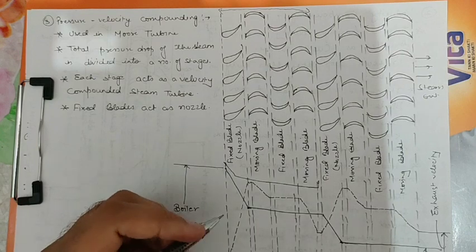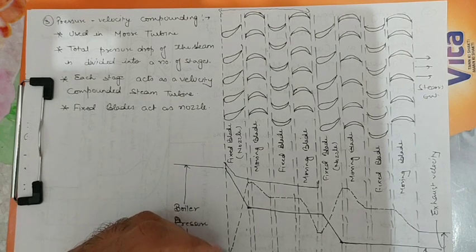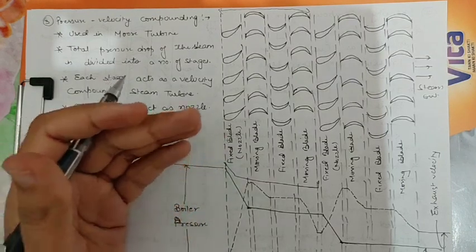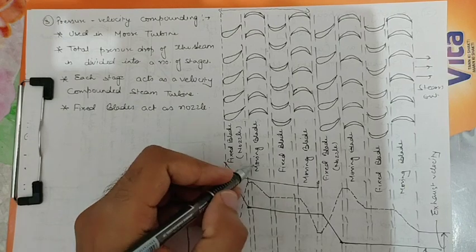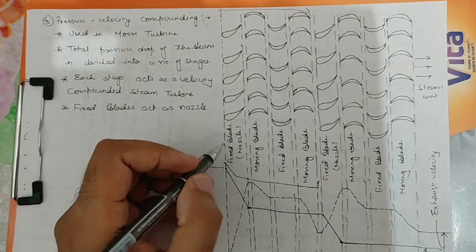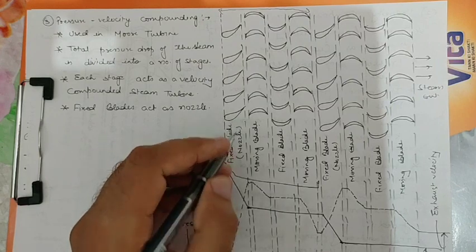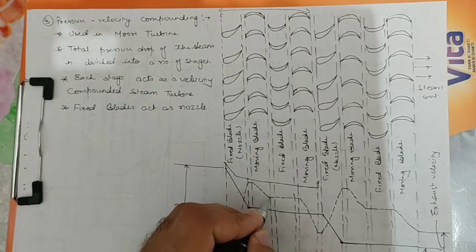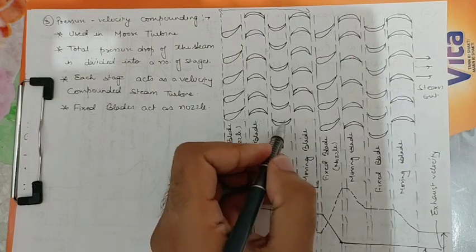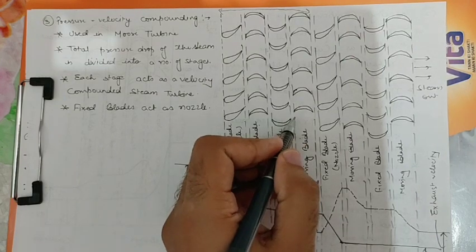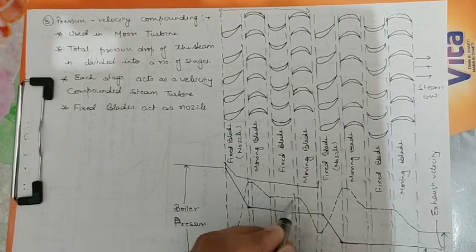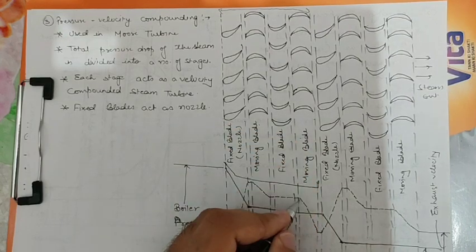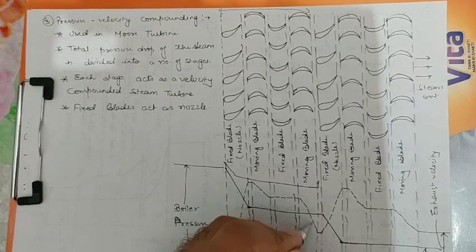And about velocity, if this is the initial velocity at which the steam is entering from the boiler, what is the function of the nozzle? Pressure reduces, velocity increases. In the moving blade, the velocity of the steam coming out from the nozzle is absorbed, so velocity reduces, and then there is a fixed blade. It only redirects the steam to the other row of moving blade, so this remains constant. Again there is a row of moving blade, so energy is absorbed and velocity decreases.